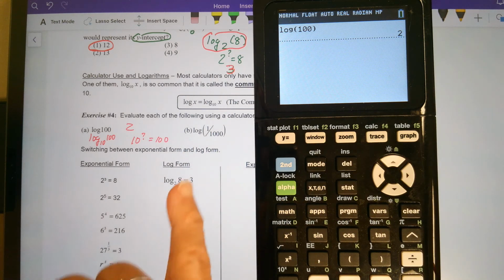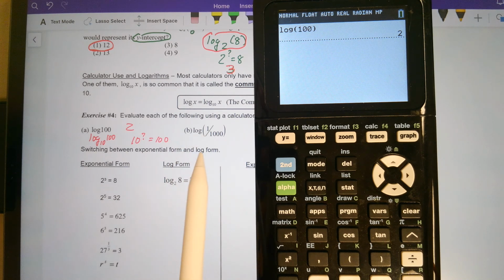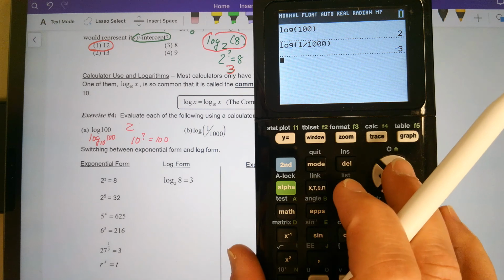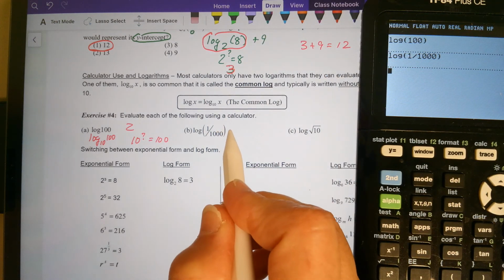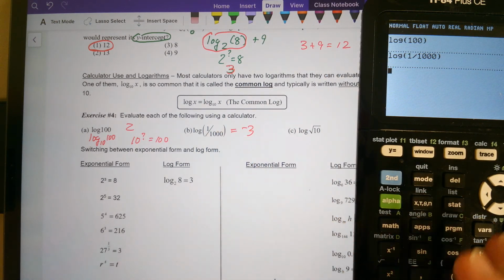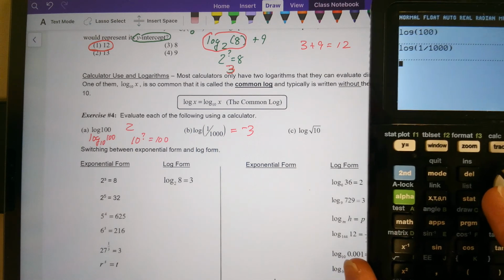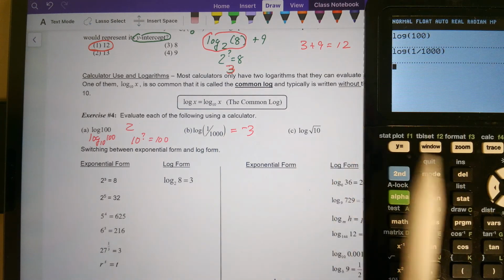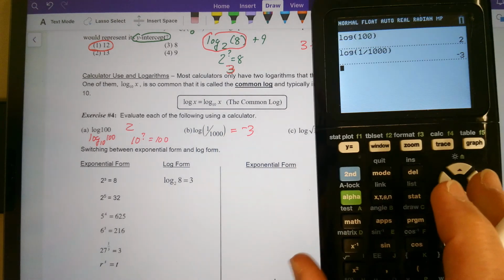Log of 1/1000, that looks like it'd be -3, right? 10 to the -3 would result in 1/1000. So -3. And log square root of 10, we know that's the same as a half.